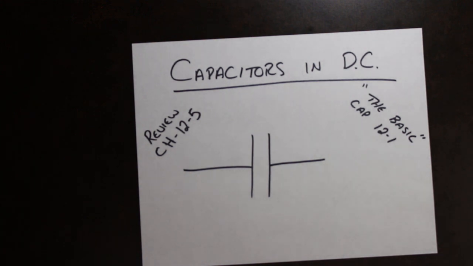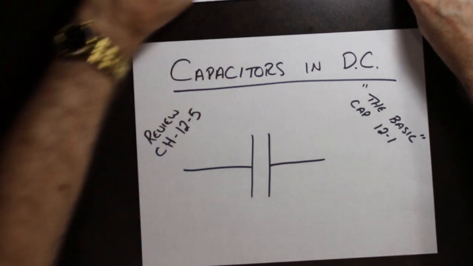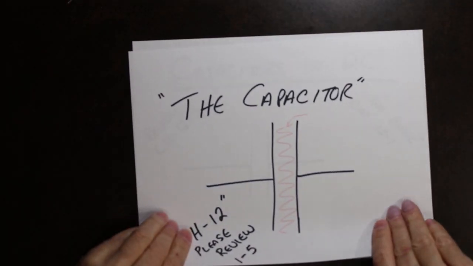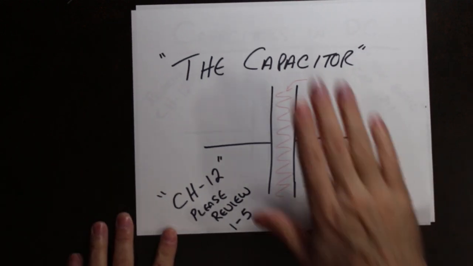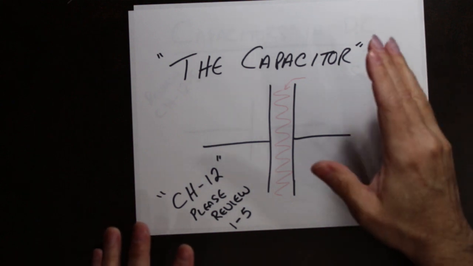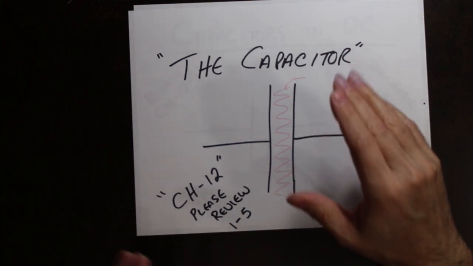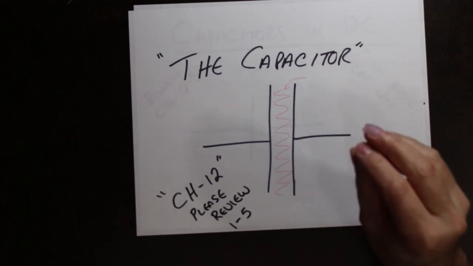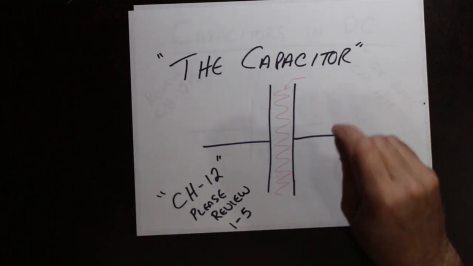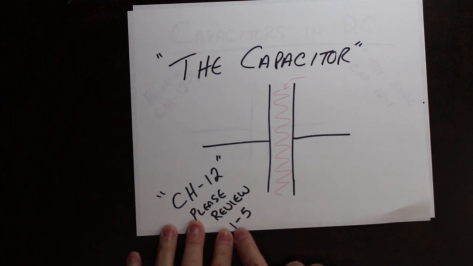So the basic capacitor, you will find all the information that you need to know in chapter 12, right from the beginning through to storage, the types of capacitors, the voltage ratings, all the things that I talked about, series, parallel combinations, caps in DC, charging and discharging, all can be found in chapter 12 from sections 1 through 5.